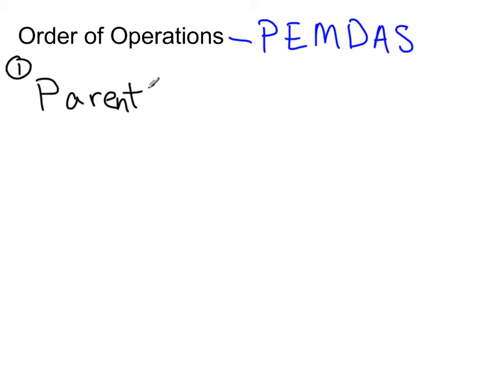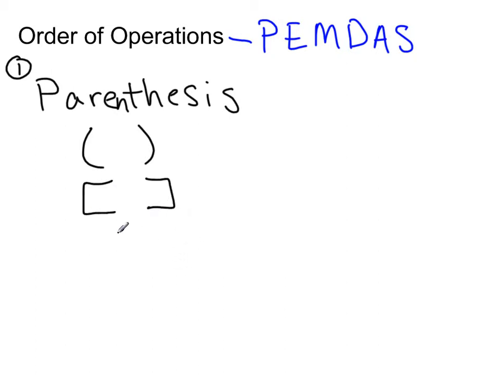And I can't spell, so don't hold me to this. Parentheses can be quite a few things for us. We might see regular old parentheses. We might see, even worse, these square brackets. And the absolute worst thing we'll ever see is the curly brackets.